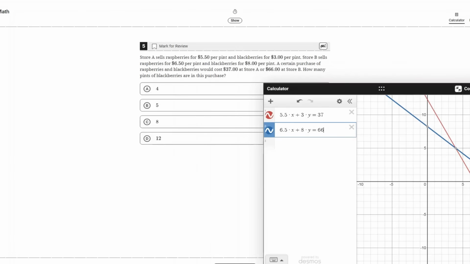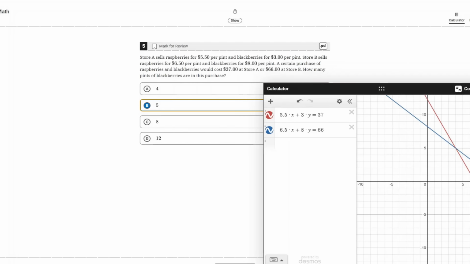So, instead of manually solving these equations, you can use the graph to find the intersection point. It's 4, 5. So 4 is the number of pints of raspberries because it's the x point, and 5 is the number of pints of blackberries, right? So how many pints of blackberries are in this purchase? It's just 5. Okay, because we coded the number of pints of blackberries as y.